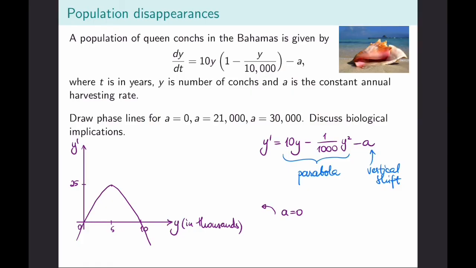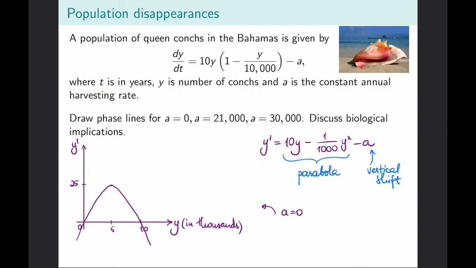Now you've got to imagine what is going to happen to this graph for a equals 21,000. Now we're drawing in thousands, so that means that a is 21. If I vertically shift this parabola by minus 21, I'm taking this parabola and shifting it down 21 units.